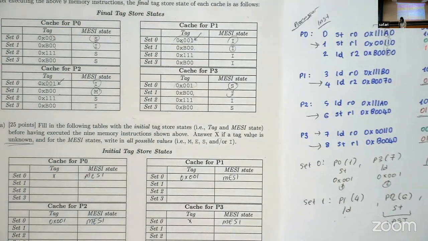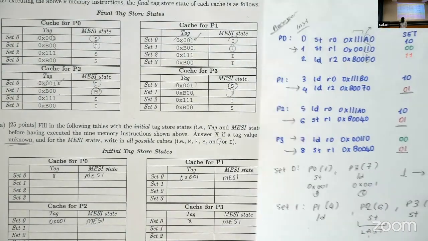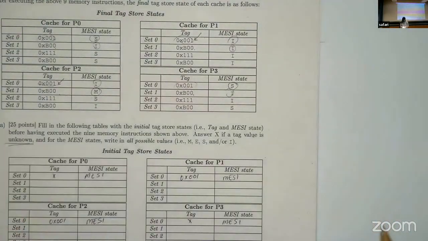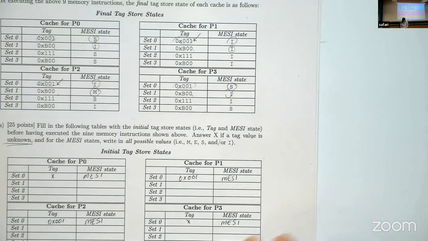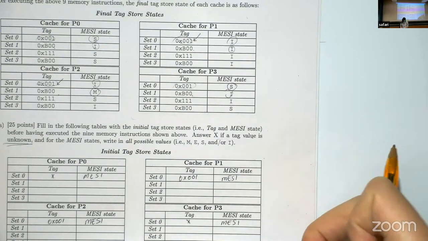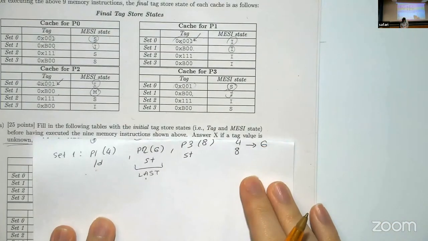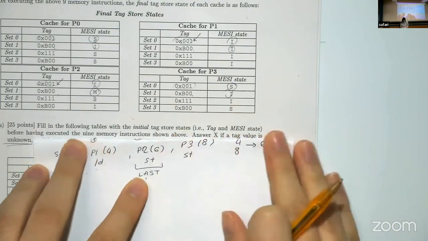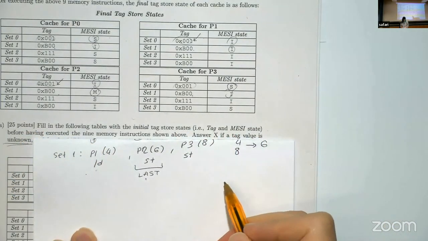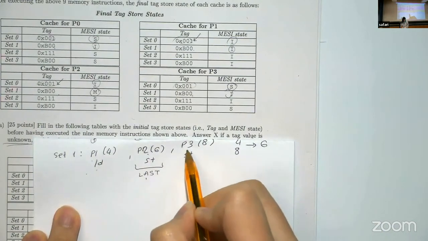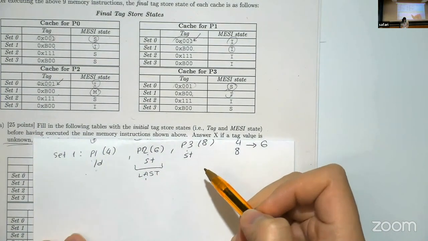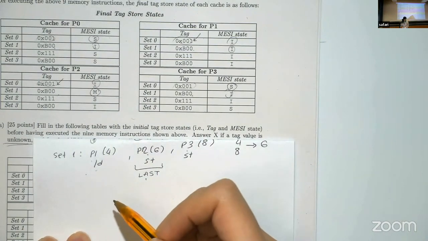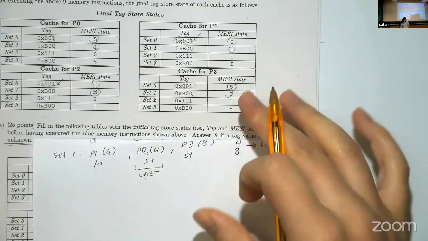So when you think about the initial state based on this, we know that these 3 processors brought these cache blocks, so their tags could have been anything again.